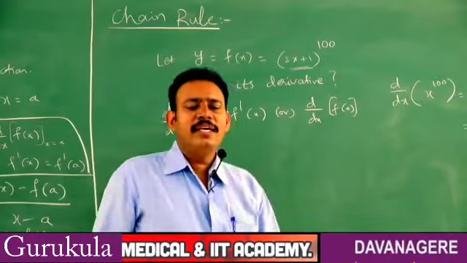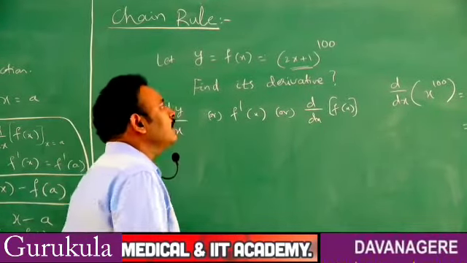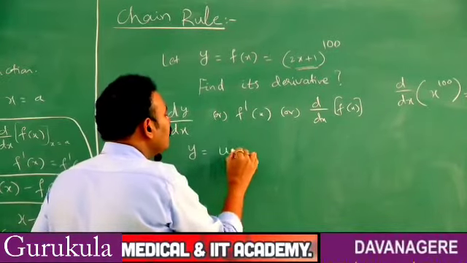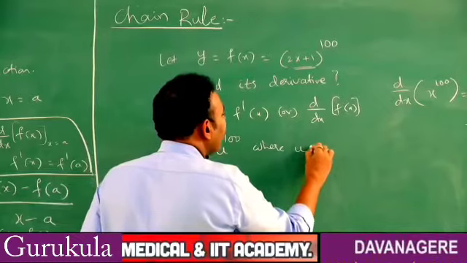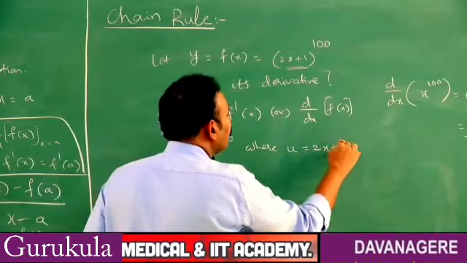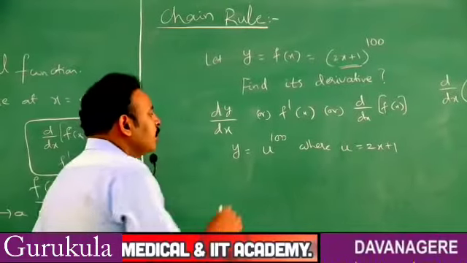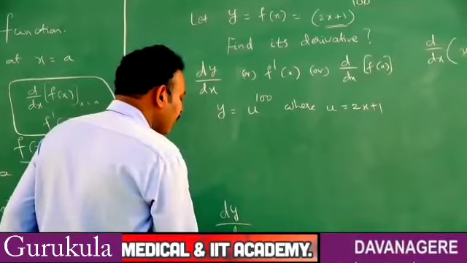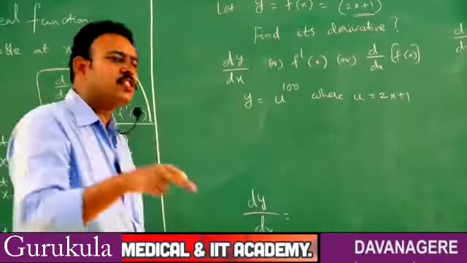So for this type of function, how to differentiate: you can assume let it be u, where u of x is equal to 2x plus 1, students. Now differentiating, I am writing here one more function we introduced, that is u.